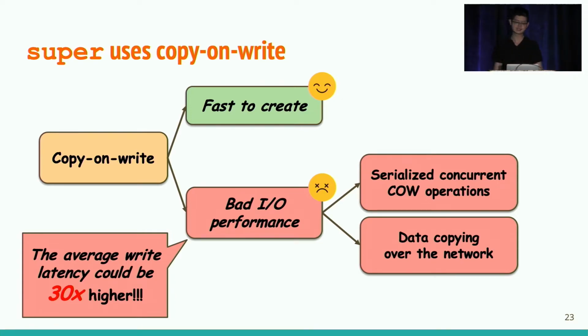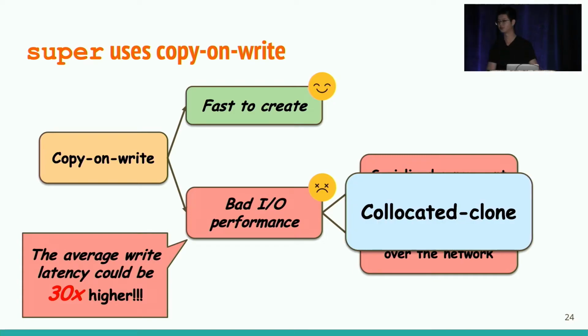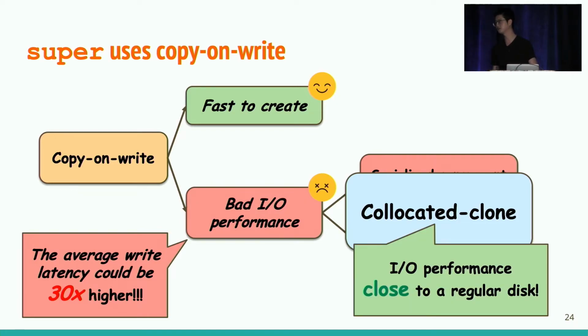And the second reason is that data copying often happens over the network instead of locally, because this is a distributed system. And we proposed co-located clone to solve this problem, and it brings the I/O performance of a disk clone very close to a regular disk. And please see our paper for more details.